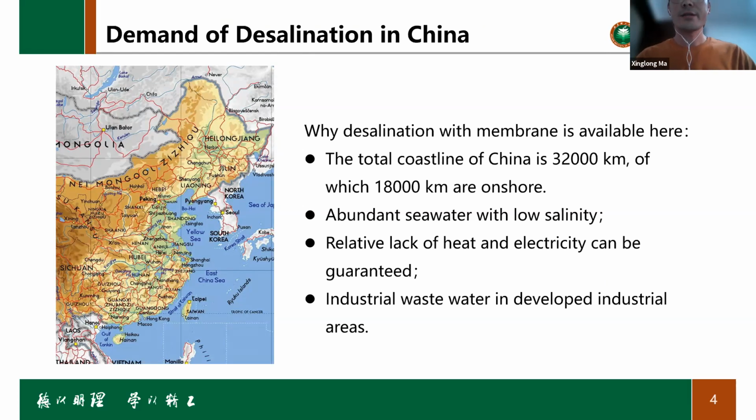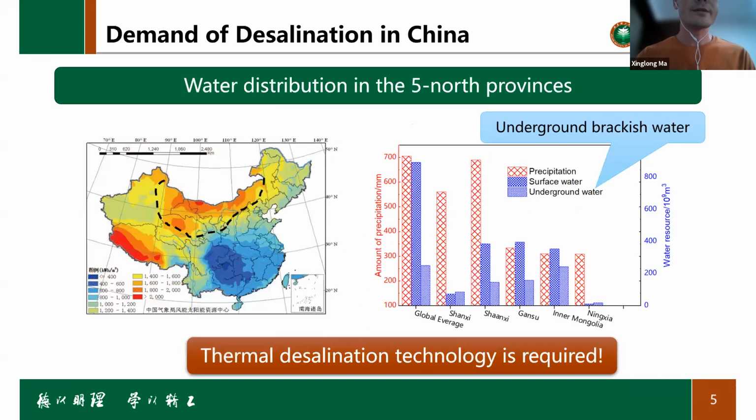So I think this is a benefit for membrane desalination. However, in the west and the north areas of China there is abundant solar energy, and correspondingly, most of these areas lack water. We can see in the right figure Shanxi, Gansu, and Ningxia.